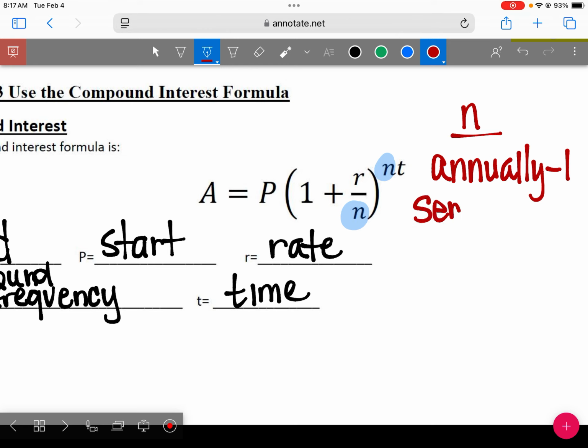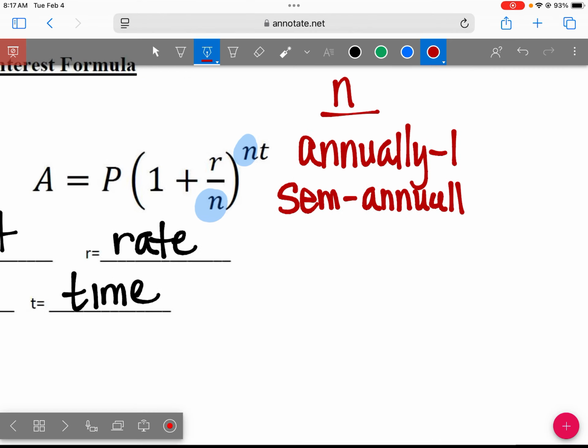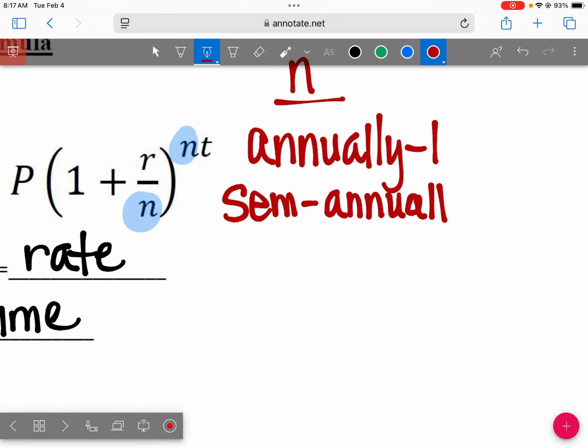If it says semi-annually, that prefix semi means half. So how many halves do we have in a whole? We have 2. So that means we use the number 2.